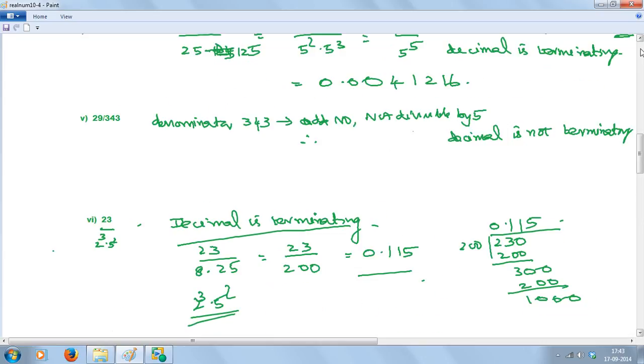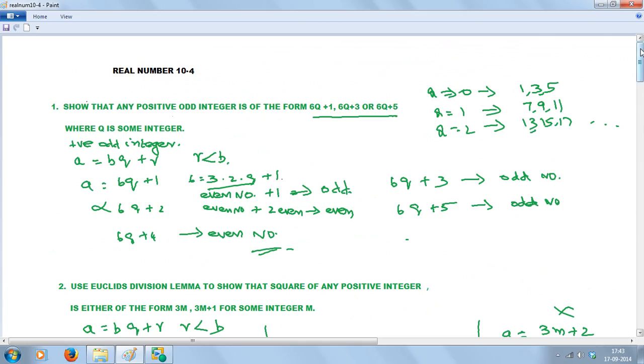So in this chapter we have seen how Euclid's formulas are applied and theorems are used in proving. It is very significant to show that for any odd integer, the answer is given in the question, actually in the first question.